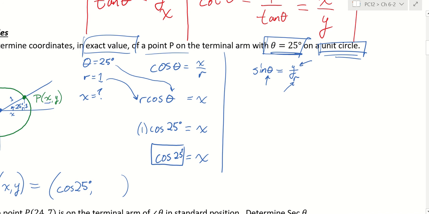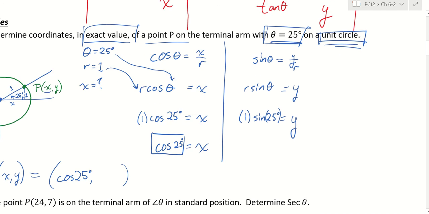Okay, so to find y, we can just multiply both sides by r. So we're solving for y here. R times sine of theta. You might be able to see where this is going. So here, y equals r, which is a length of 1 because it's on the unit circle, times sine of 25, right? Because 25 degrees is the angle theta.